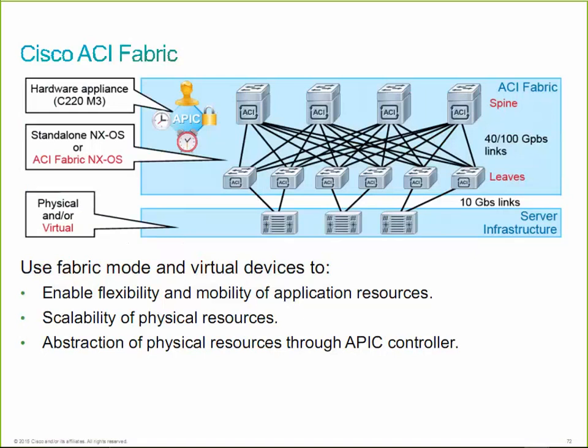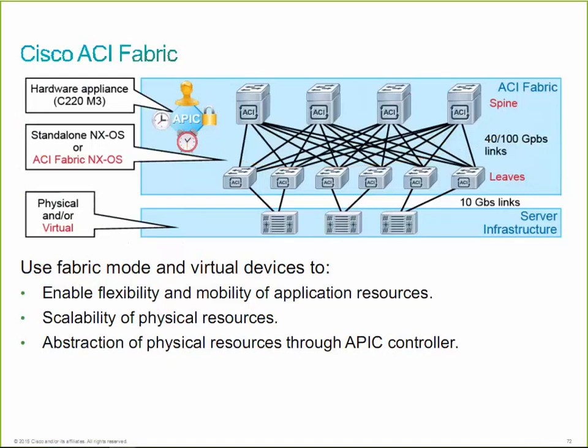The spine, as the name kind of implies, is the top level high performance switch fabric that interconnects all of the different leaf devices. It's the backbone, right? It's the backbone of our ACI Fabric. And we can see that visually represented right here as the spine.